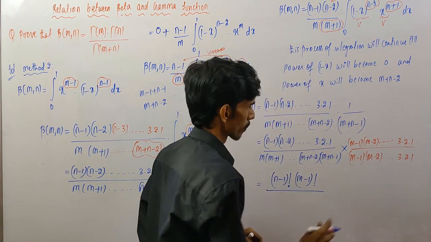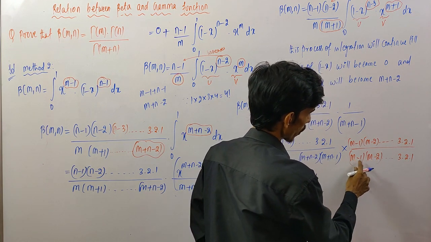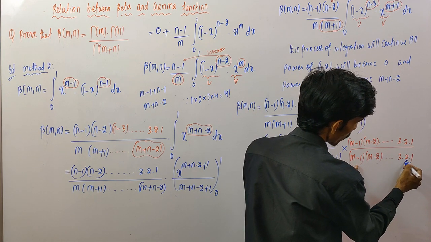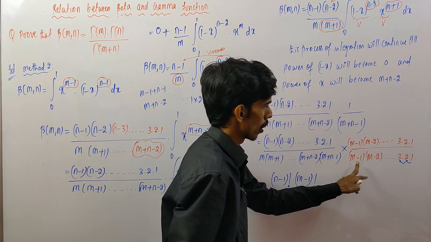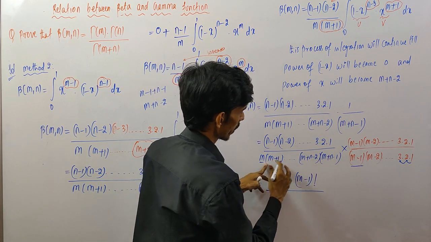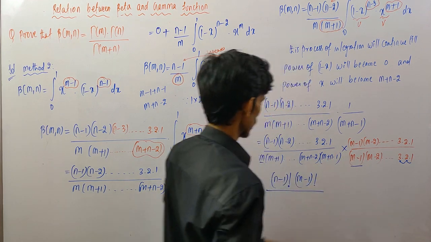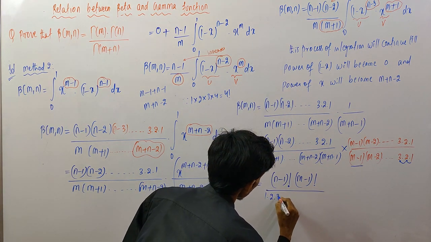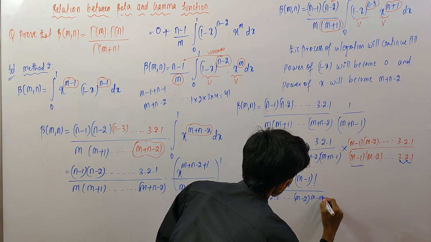Similarly we have 1, 2, 3 up to so on m minus 2, m minus 1. Here if we add 1 to this number we will get this term. Similarly we have m minus 1. The next term of m minus 1 will be m. After this we will get this term m plus 1 and so on m plus n minus 2, and the last term will be m plus n minus 1. So let me write down one more step. We can write down like this: 1 into 2 into 3 into up to so on m minus 2 into m minus 1.